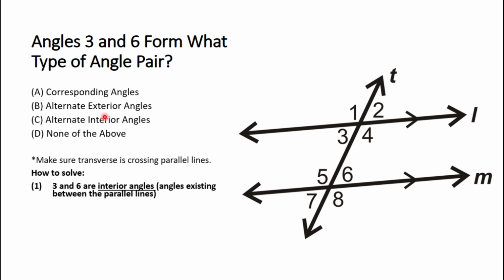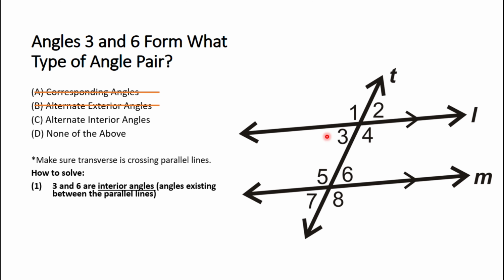And so we can get rid of B because we're not focusing on exterior angles. If you look at the position of 3 and 6, they aren't on the same side of the transversal, so we can also get rid of A because they're not corresponding angles.